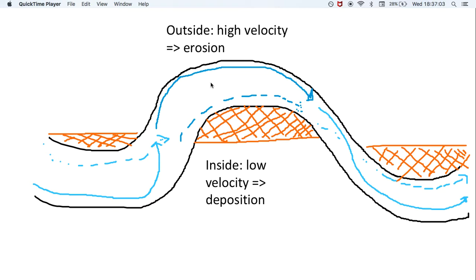Over time, that meander is going to become bendier, and the word that we're going to use for that is more pronounced. So you must include in your answers that over time the meander becomes more pronounced. Then, when the river floods, the meander is cut off, leaving behind the old channel, which we call an oxbow lake.